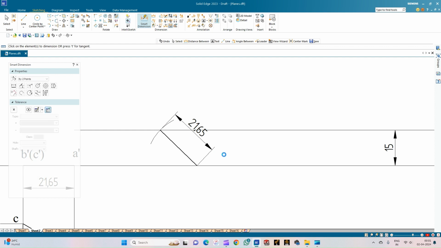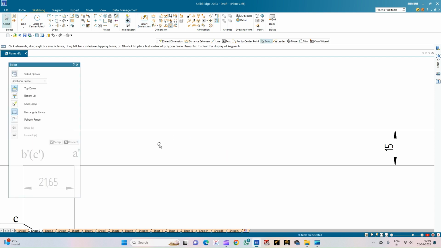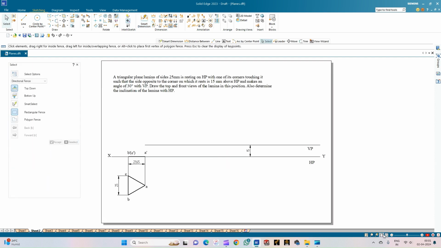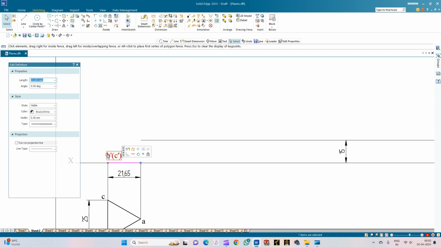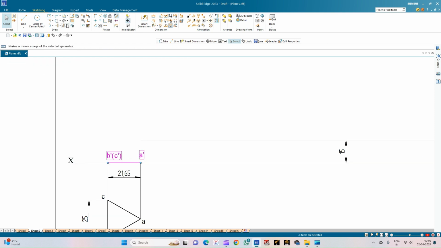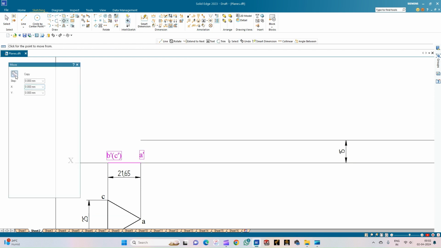So this is one method, and the other method is, after having done the offset of the XY line, we can select this front view along with the annotations and select the move option, keeping the copy on.